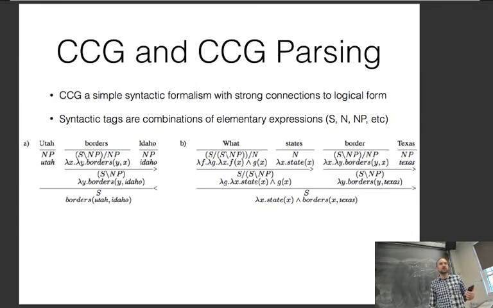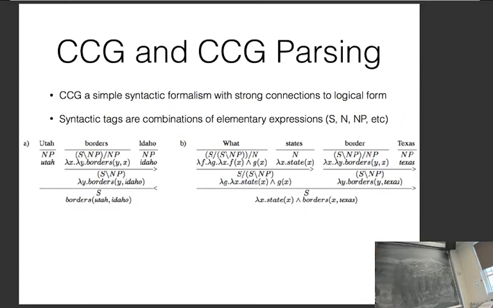You can see here, there's no V tag, unlike the Penn tree bank. And the reason why is because all verbs are expressed in this kind of strange notation where you have S's, NPs, and lots of slashes.